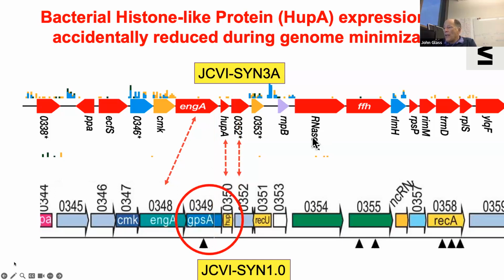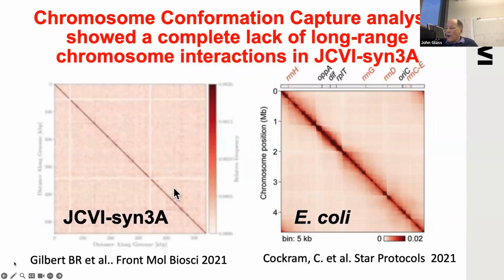And so in theory, if we put this back in, it might restore the normal level of HuPA synthesis, the histone-like protein. But we also noted that Remus Dame at Leiden University in the Netherlands did what's called a chromosome conformation capture study, where you take genomic DNA from a bacterium and you chemically cross-link it so that any pieces of DNA that are bound to each other will stay cross-linked.